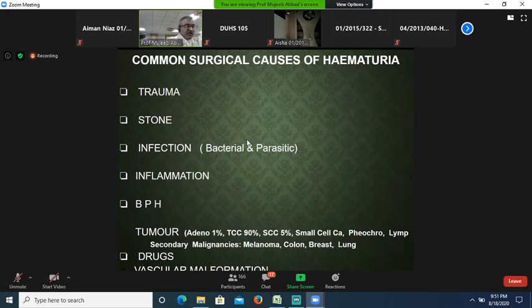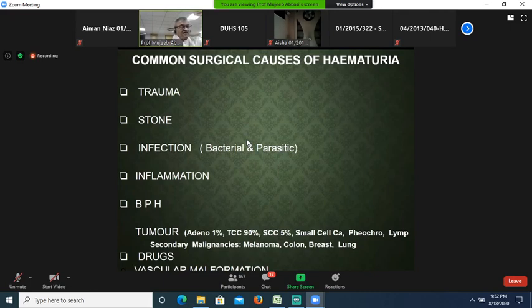And vascular malformation, AV malformation, can cause bleeding, but that has to be investigated. So I think these are most of the surgical reasons for somebody coming with hematuria. We'll discuss them case-wise further down.